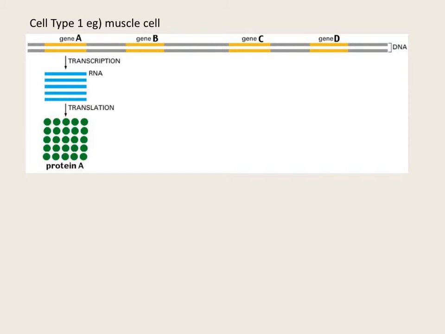Something has turned it on to start producing protein product. The DNA is transcribed into RNA. This is taken out of the nucleus and into the cytoplasm, where then it's translated into a protein by stringing together all these different amino acids.